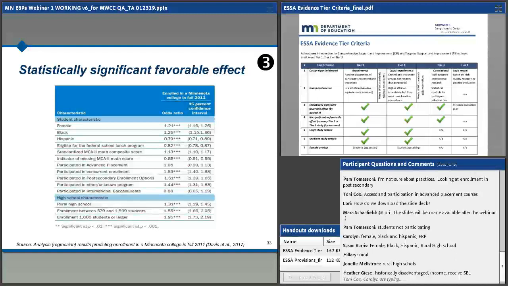I see people typing. Another way to frame the question is, for what relationships do you see statistical significance in the results table here? What practice and outcome pairing? Multiple attendees are typing. I like to read that.